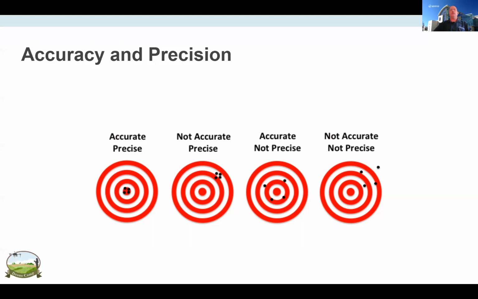Precision has to do with repeatability. Precision is if we measure the same thing 4 or 5 times, do we get the same answer all those times? Now, obviously, the best case scenario is to be both accurate and precise. That is, we get the right answer every time we measure. That's what we'd like to have.